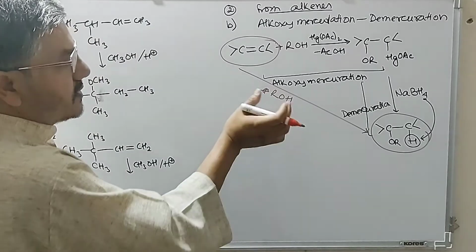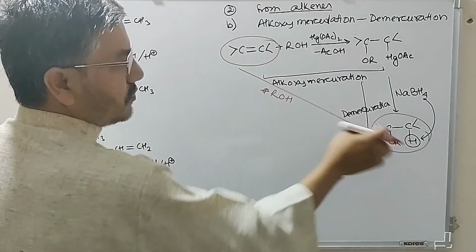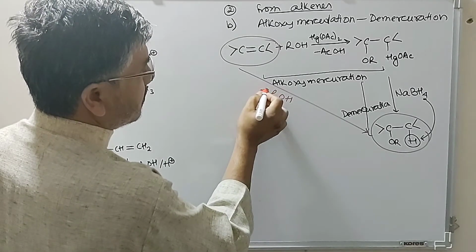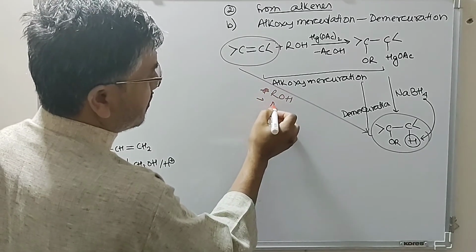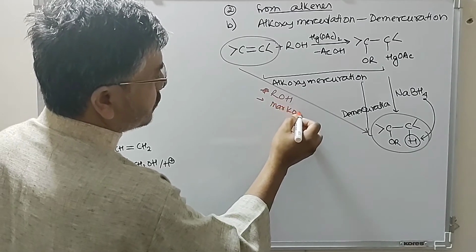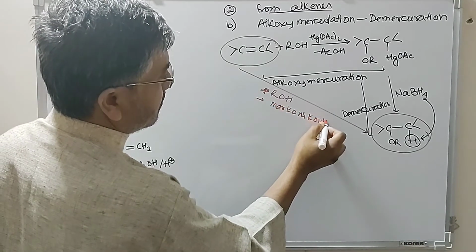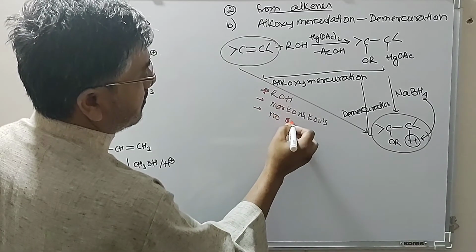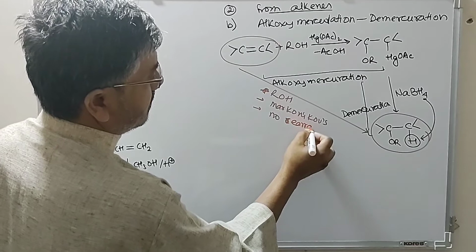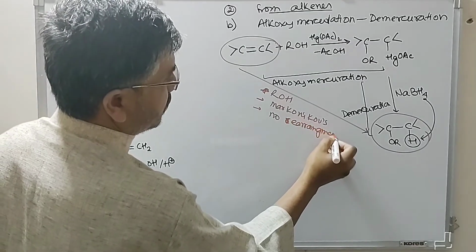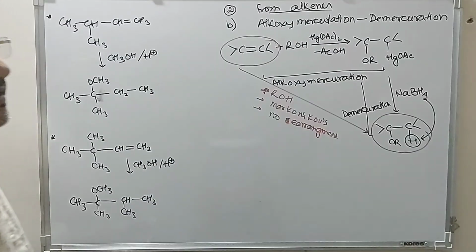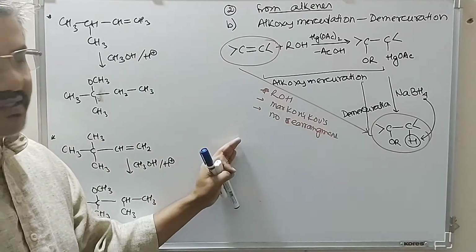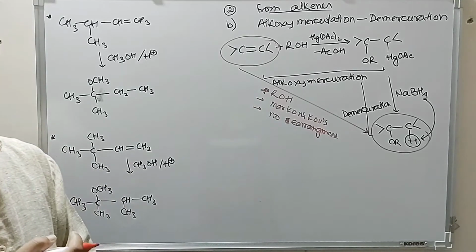So again we add alcohols to alkene to give you ether, but this alcohol addition again follows Markovnikov's rule, but there is no rearrangement. So in this process there is no formation of cation, simply addition of alcohol in presence of mercuric acetate followed by reduction with sodium borohydride.